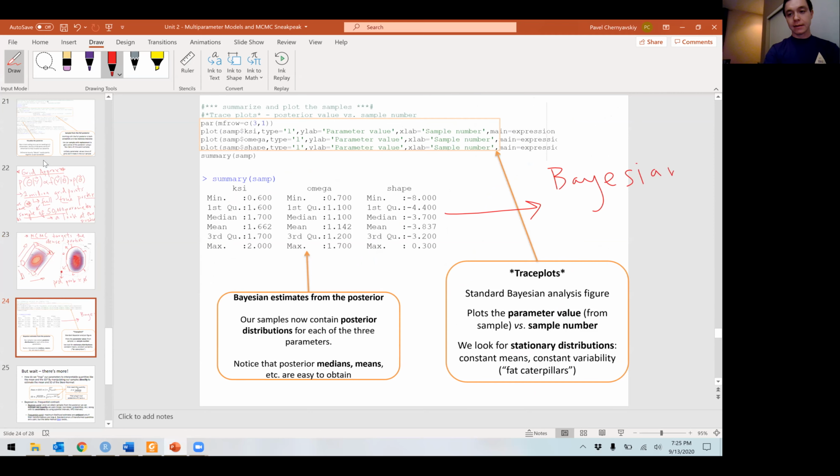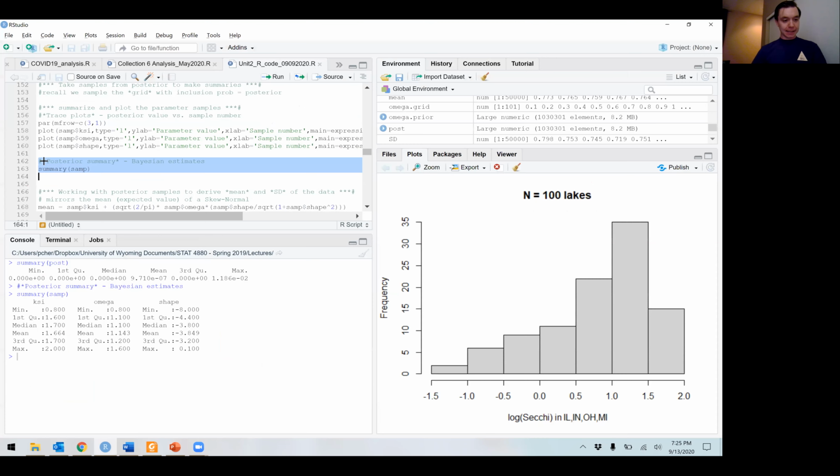Now, unlike frequentist estimates, it's hard to pinpoint a single value as a Bayesian estimate, because what we actually get is a distribution of location parameters, a distribution of scale parameters, and a distribution of shape parameters.